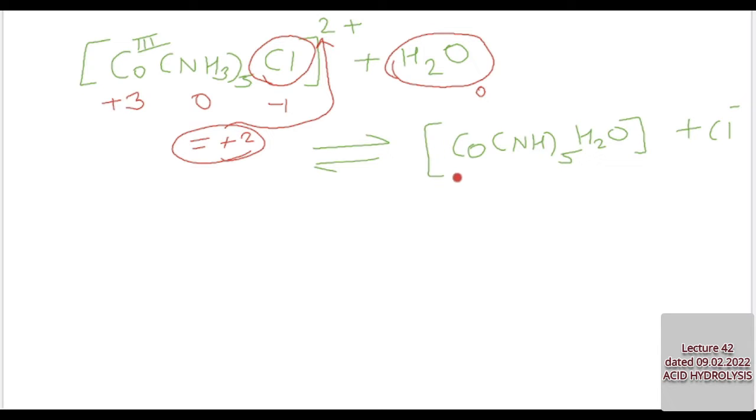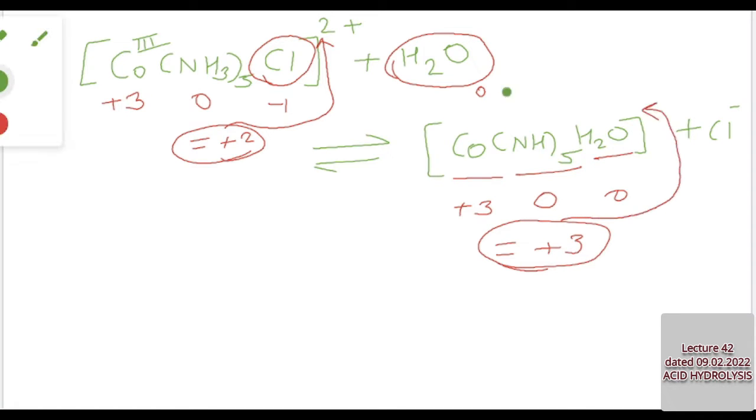But for the product, cobalt carries plus 3, ammonia carries no charge, and water also carries no charge. So what should be the total charge on that complex? Plus 3. Right, 3 plus. This reaction is called the acid hydrolysis reaction.